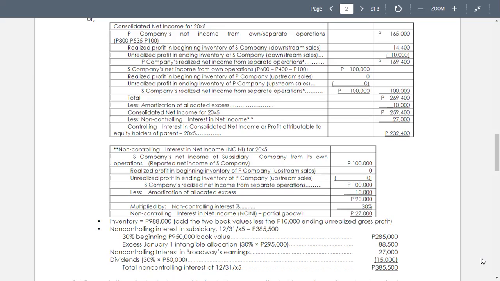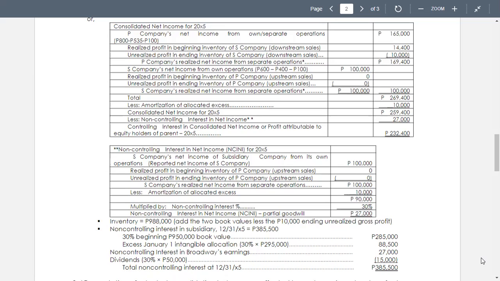The non-controlling interest in consolidated net income. The non-controlling interest in subsidiary is given to be 385,500 as of December 31, 20x5. It is 30% of the beginning balance.